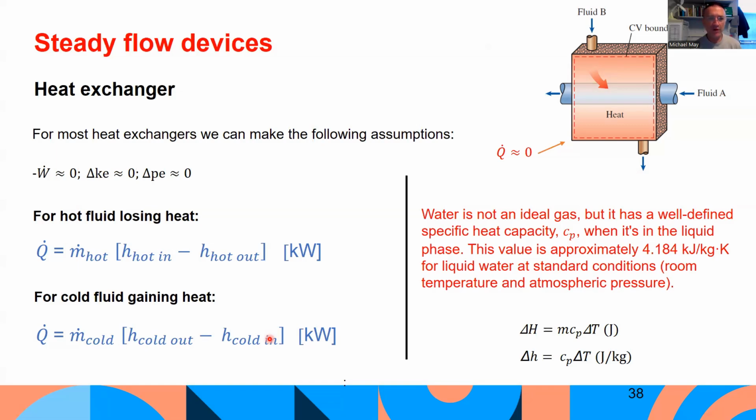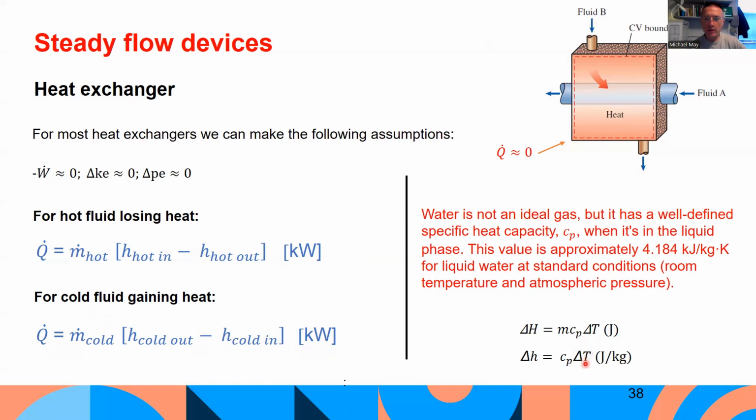So for the hot fluid that's losing heat, we can calculate the heat transfer rate by multiplying m dot by the change in specific enthalpy from the inlet to the outlet. For the cold fluid gaining heat, we can calculate the heat transfer rate by this time multiplying the flow rate for the cold stream by the change in enthalpy from the outlet to the inlet.